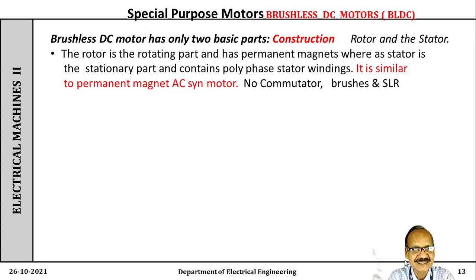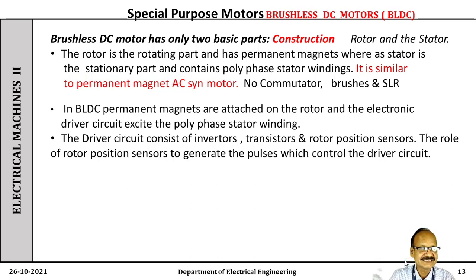It looks similar to a permanent magnet AC synchronous motor, because in the AC synchronous motor, the stator has the armature winding as usual, and the rotor is a permanent magnet, without any field winding or commutator and brushes.